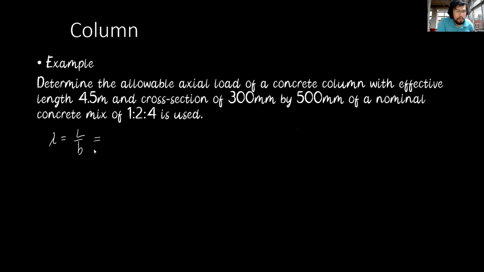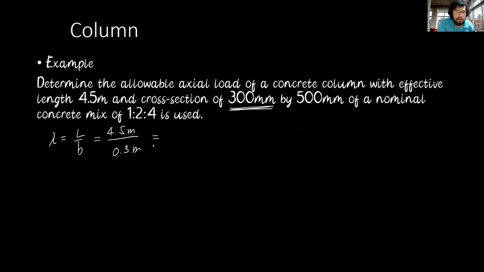So we have 4.5 meters over 0.3. We use the smaller B because it could happen along that direction, where the slenderness ratio is longer along that side.